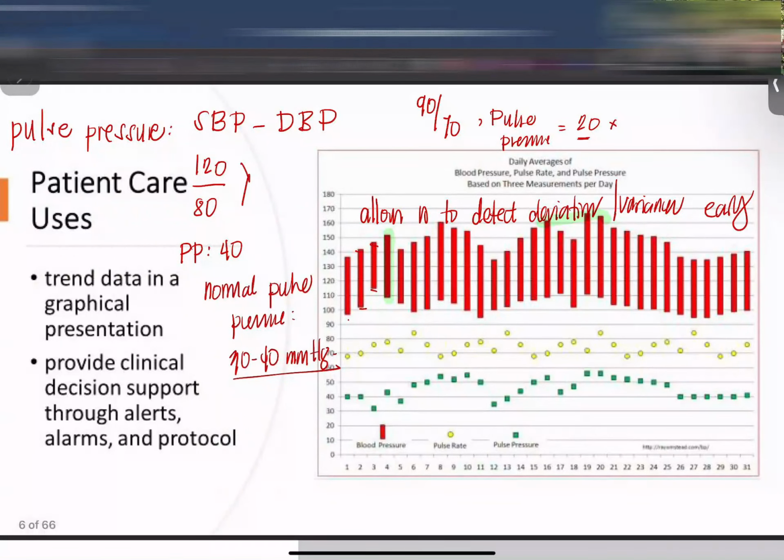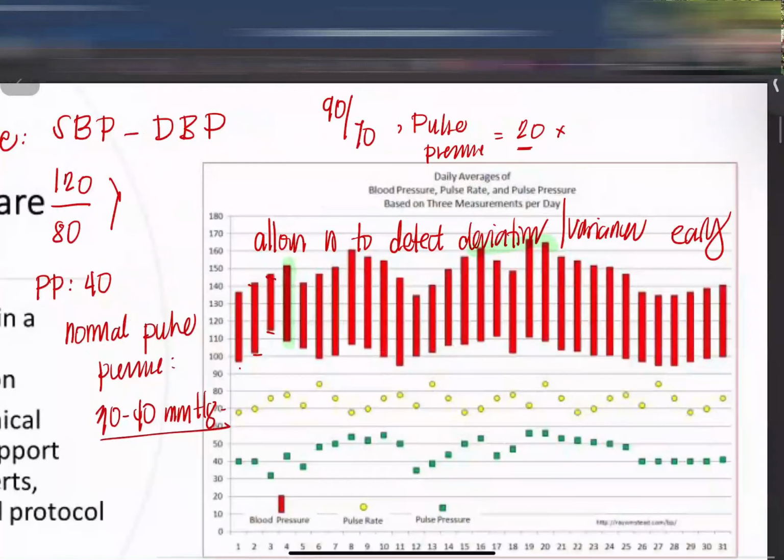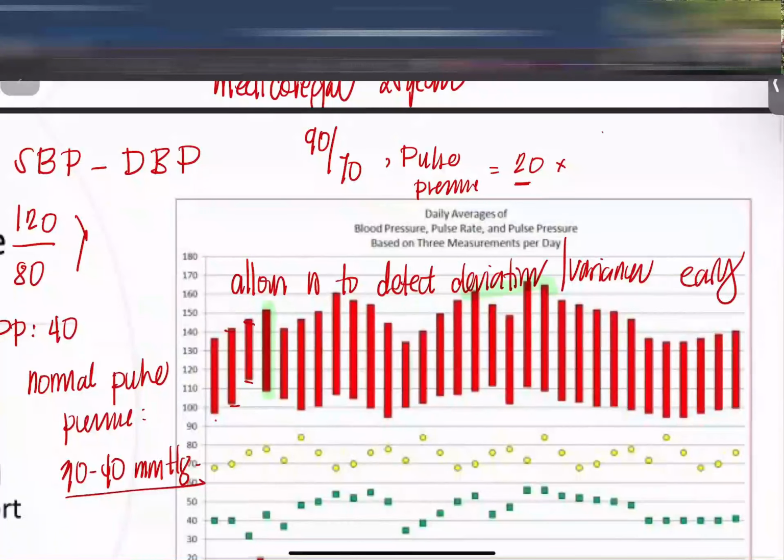For example, if I am dealing with a patient with dengue, a narrow pulse pressure is actually a signal that your patient may already be bleeding.